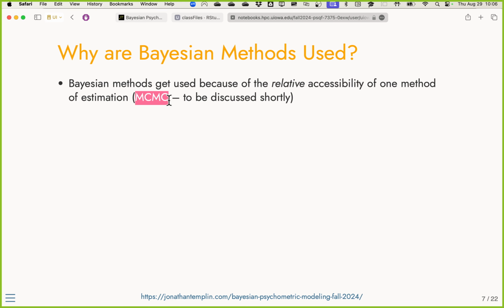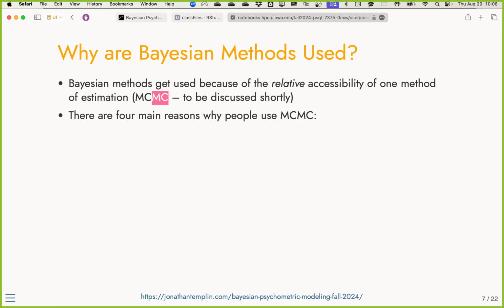That estimation method is called MCMC, or Markov chain Monte Carlo. If you are in some of the hard sciences, physics, engineering, you might just call this Monte Carlo as well. The Monte Carlo refers to it being a random process, usually referring to classical gambling statistics, the roulette wheel and so forth.